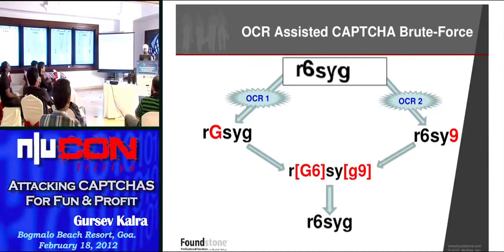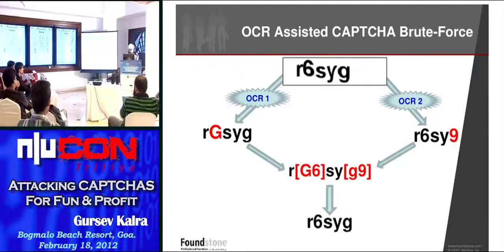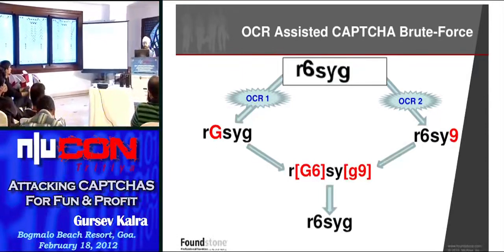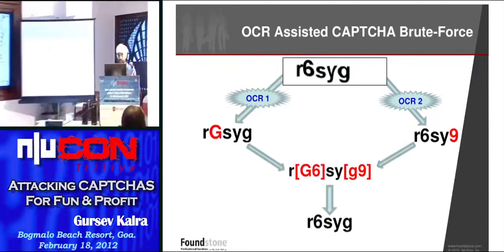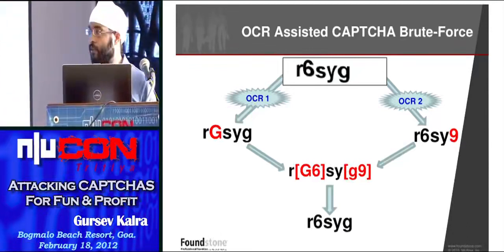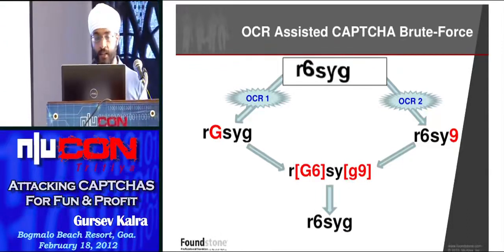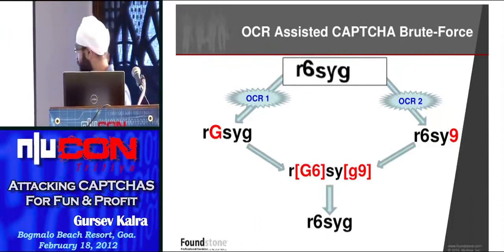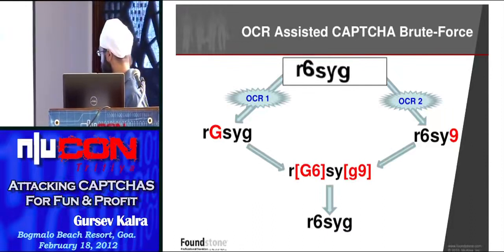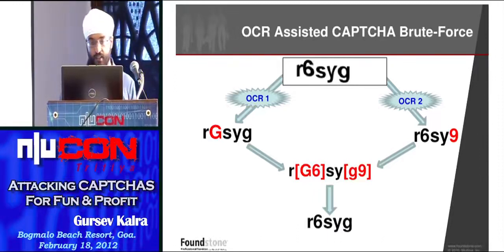OCRs are basically used to extract text out of images. In OCR assisted CAPTCHA brute force, you get a CAPTCHA and pass it through multiple OCRs. Each one of them may return a different result, sometimes not at all the same, sometimes similar. If you know that A is correct and B is incorrect, or both are incorrect and they are different at these two characters, possibly you can combine them and get the correct solution.